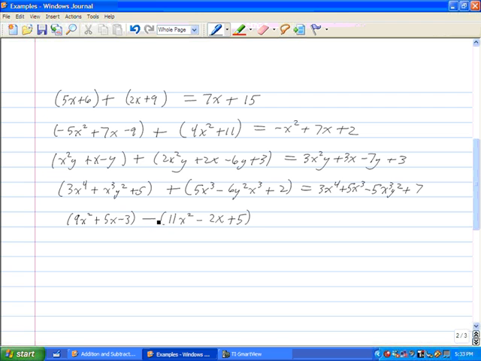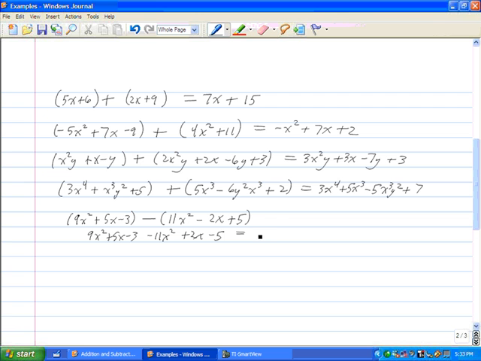This minus sign in between acts like a negative 1 that's going to be distributed. So I'll have the 9x squared plus 5x minus 3 minus 11x squared, distributing the minus sign through, the minus 2x becomes a plus 2x, and then the minus 5.